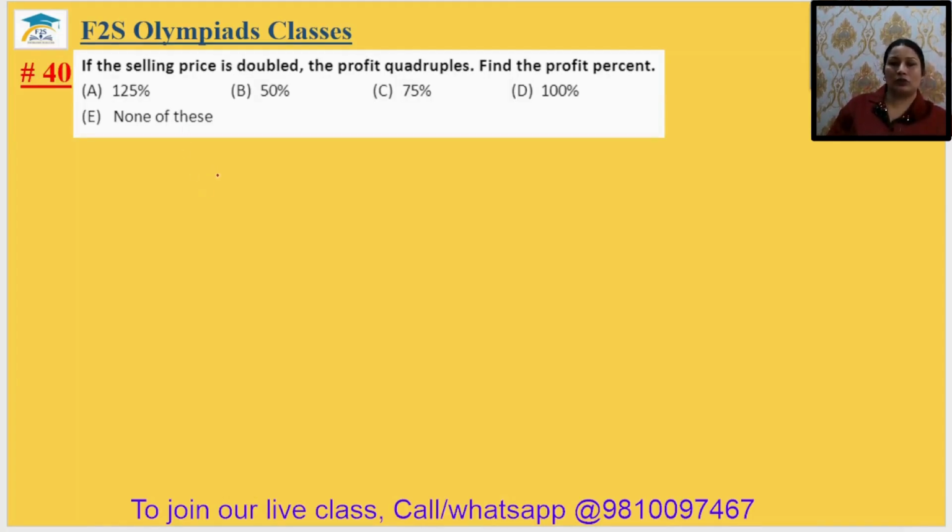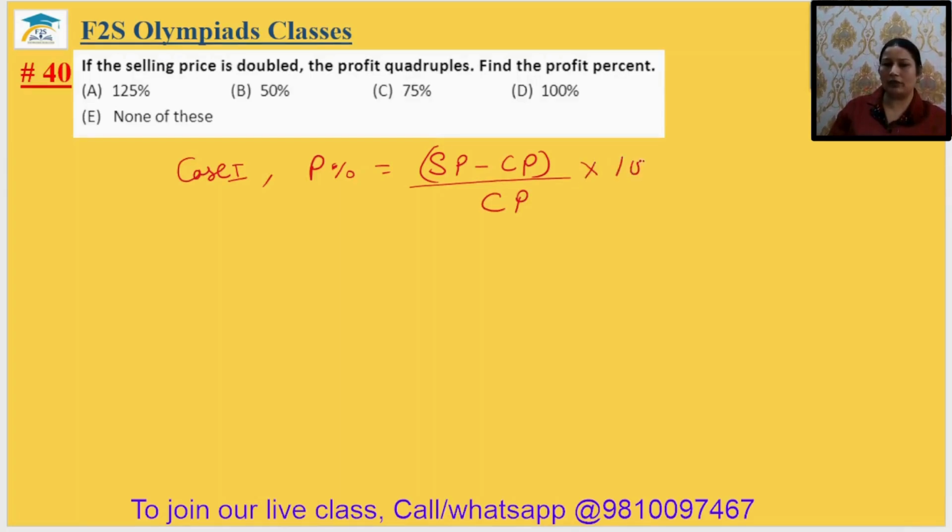So case 1, when nothing is changed, we know that profit percentage equals SP minus CP, that is profit upon CP multiplied by 100. Now case 2, the profit percentage we don't know.